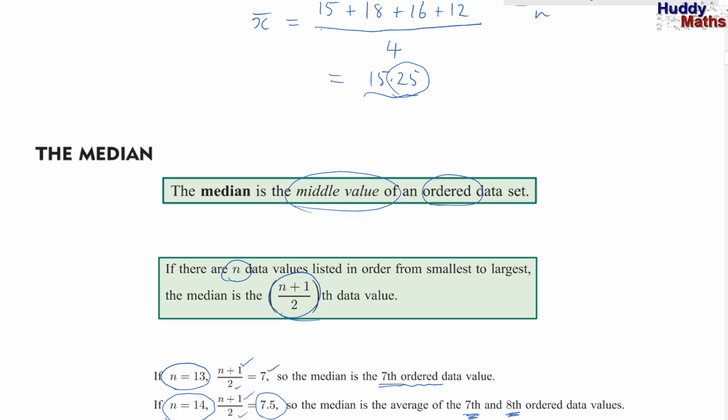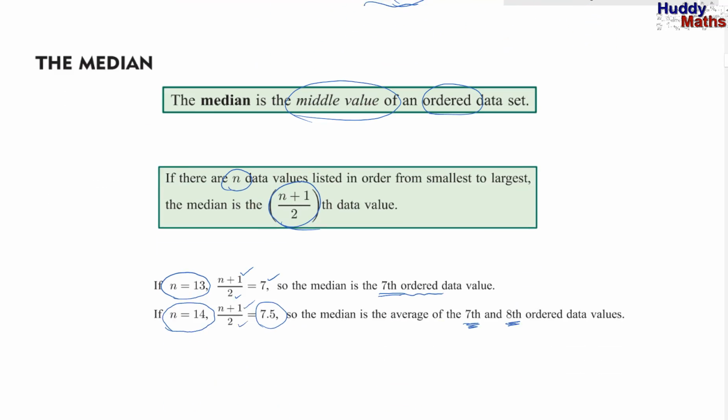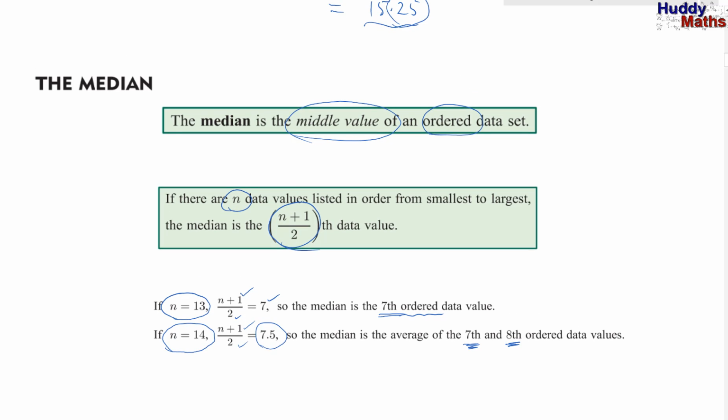Let's just remember, what did we do up here? 15, 18, 16, 12 were your scores. So the first step in those test scores, put them in order. So it's 12, 15, 16, and 18.